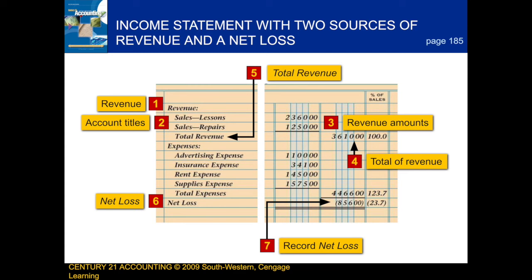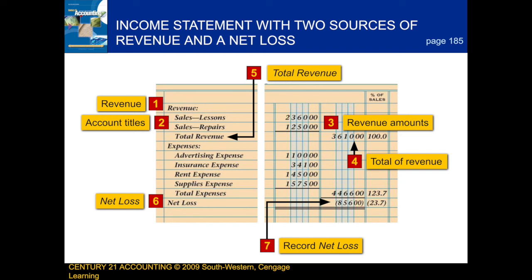Number 3 is showing us the revenue amounts. Number 4 is showing us the total of the revenue. Number 5 is showing us the total revenue. Number 6 is showing us the net loss. And number 7 is showing us that we record the net loss.